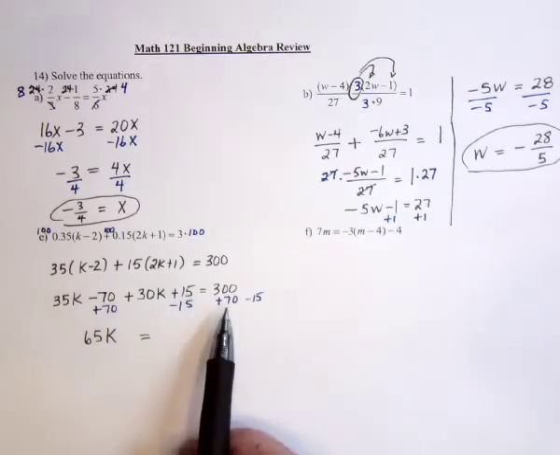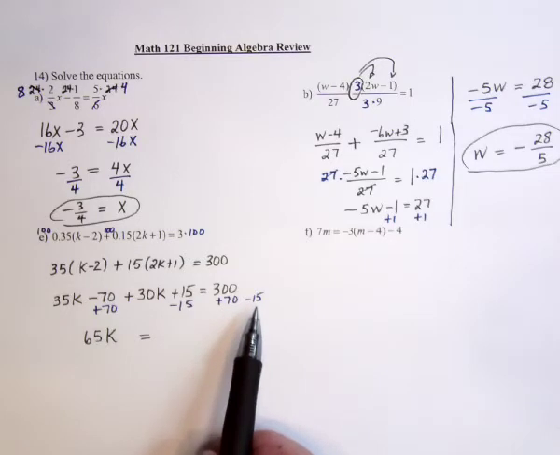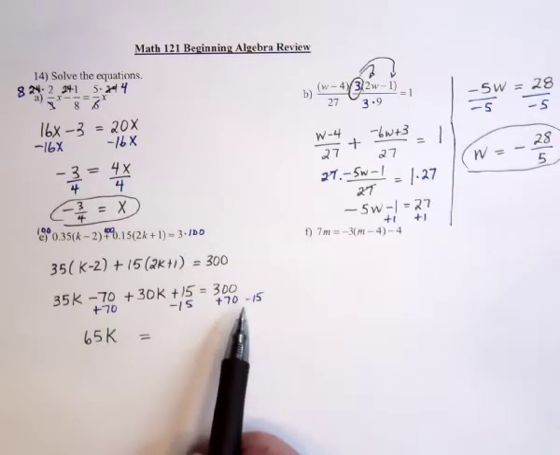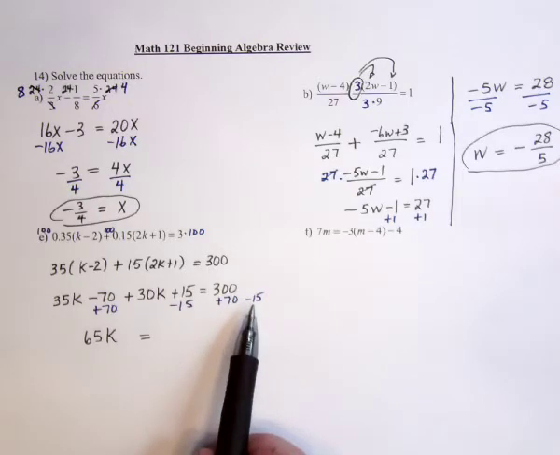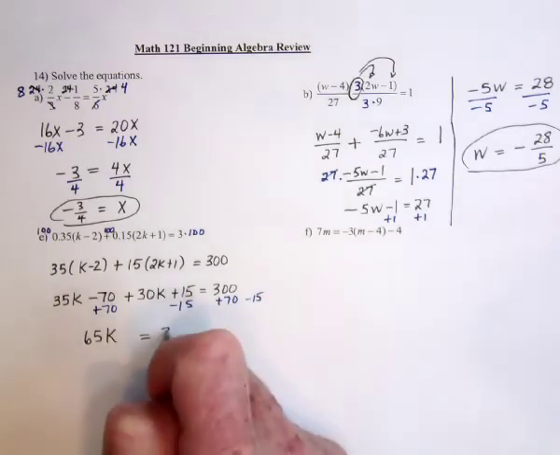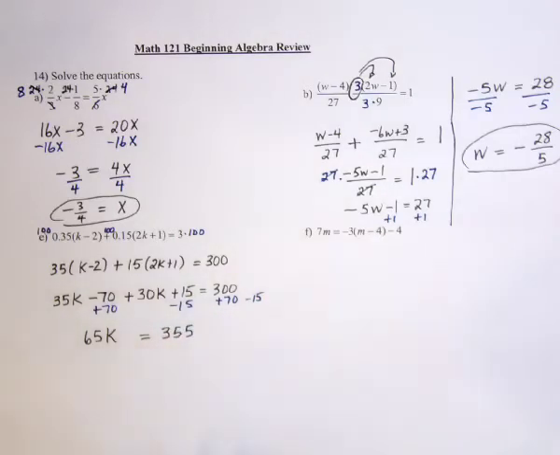Then I just need to know how much is 370 minus 15. Well, if it was 370 and I took away 10, that's 360. But I have to take away another 5, so that's 355. Next, divide by 65.